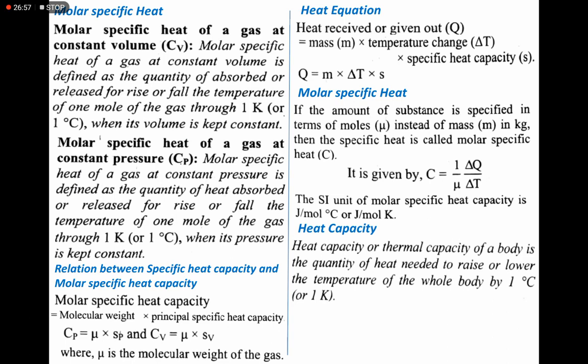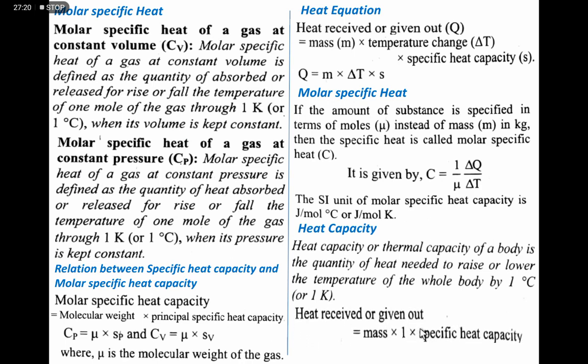So what kind of heat is required to raise or lower the temperature of the body is the heat capacity of the body. Very simple statements, very simple definitions are over here, so we'll try to understand it.